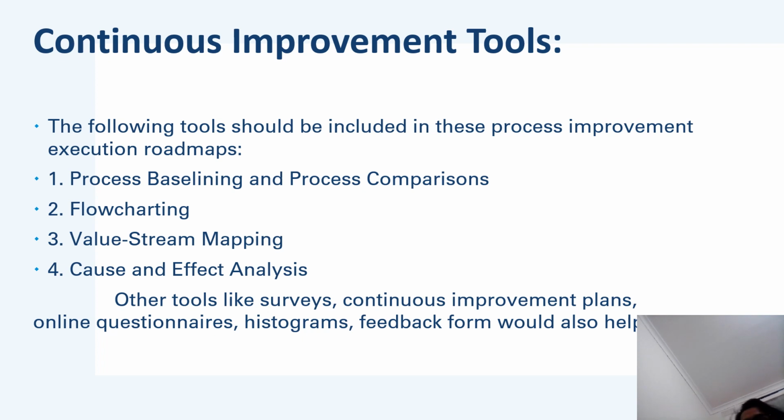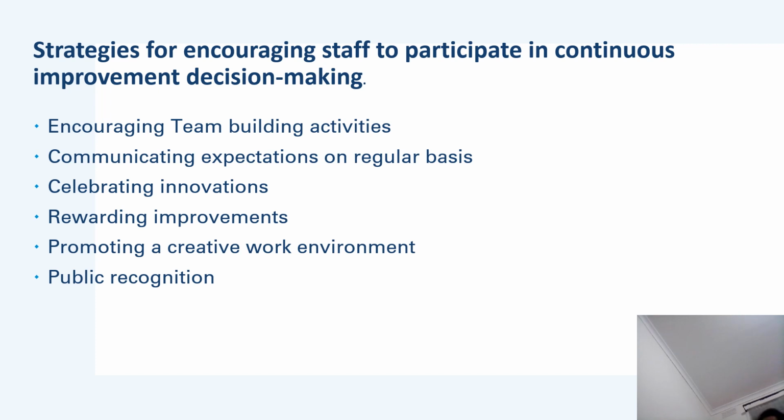There are many other tools, like surveys, continuous improvement plans, and online questionnaires. Feedback could also help. Depending on the feedback we get, positive or negative, we can improve our strategies, like how we work. And there are many strategies which could encourage our staff to participate in continuous improvement.